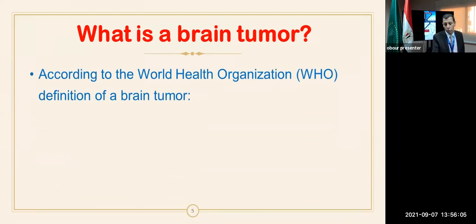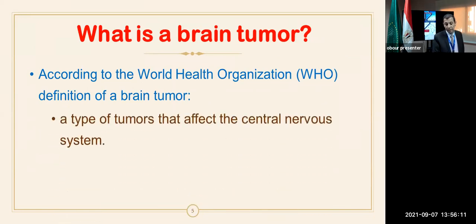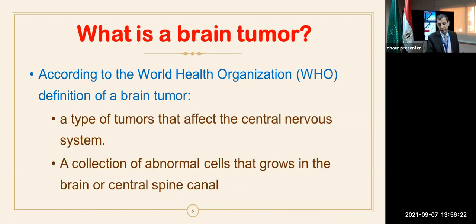According to the World Health Organization, we can define brain tumor as a type of tumor that affects the central nervous system. We can present another simple definition for this disease as a collection of abnormal cells that grow in the brain or central spine channel.